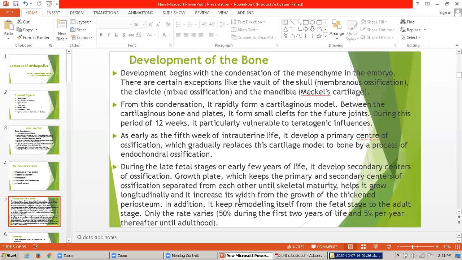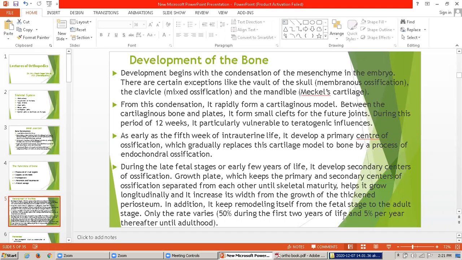When growth of the bone occurs, the width is increased from the growth of the thickened periosteum. In addition, there is remodeling of the bone from the fetal stage to adult life: 50% during the first 2 years of life, and 5% per year thereafter.